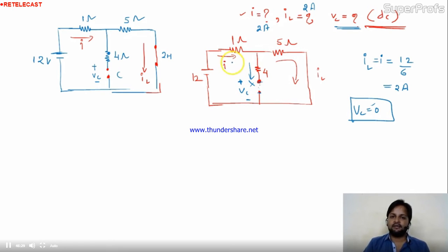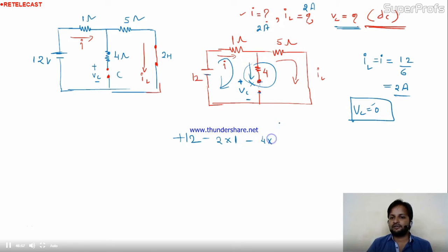So I can apply the KVL in this mesh. I will start with the 12. At the end I am getting 12. Here the drop will be there, minus 2 into 1. Why? What is 2? 2 is the calculated current in the circuit. So the voltage drop is 2 into 1. Now come to this side. Is there any current in 4? No current. So 4 into 0.